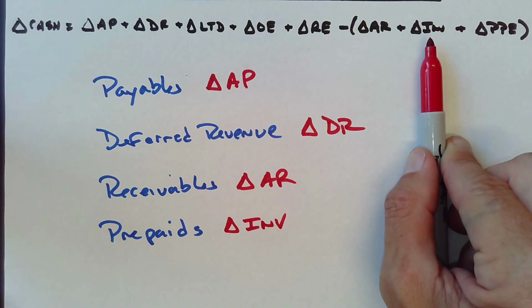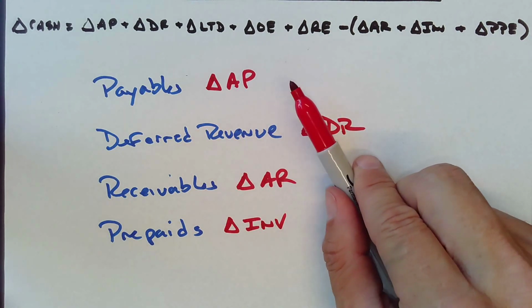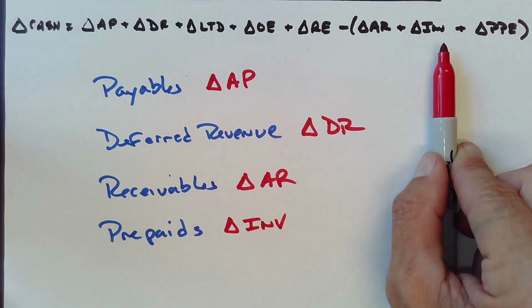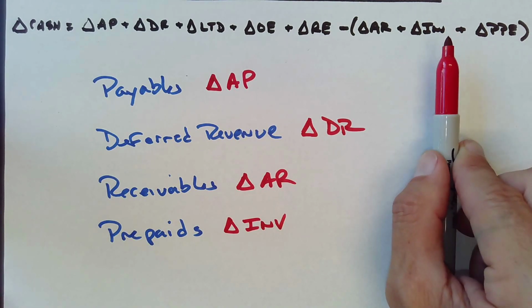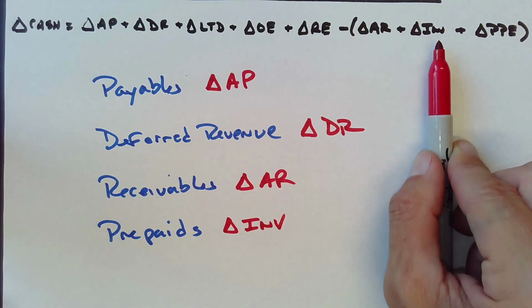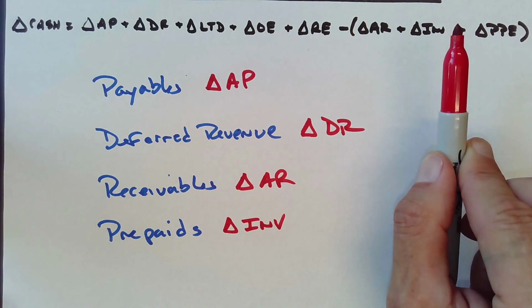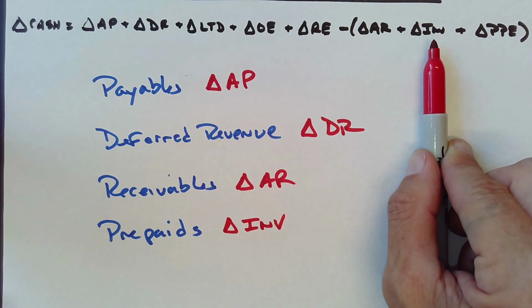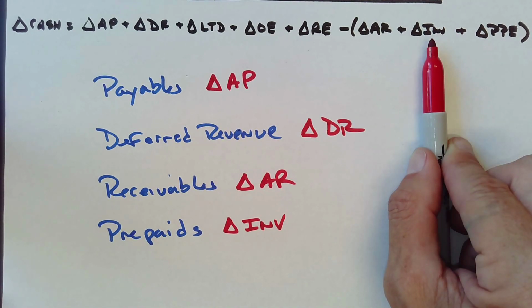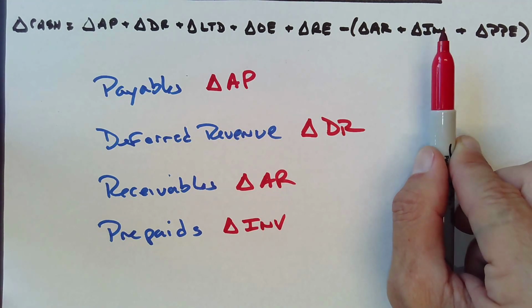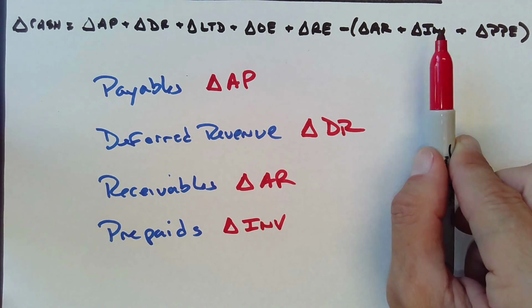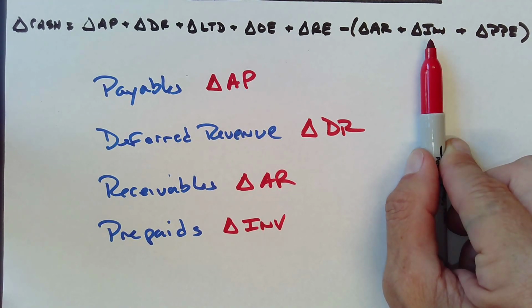And unlike prepaid insurance that is based on the progression of time in the use of the cost, we use this cost when we sell inventory. But inventory is a prepaid account. Always, always, always. Inventory is a prepaid. That's a little different.